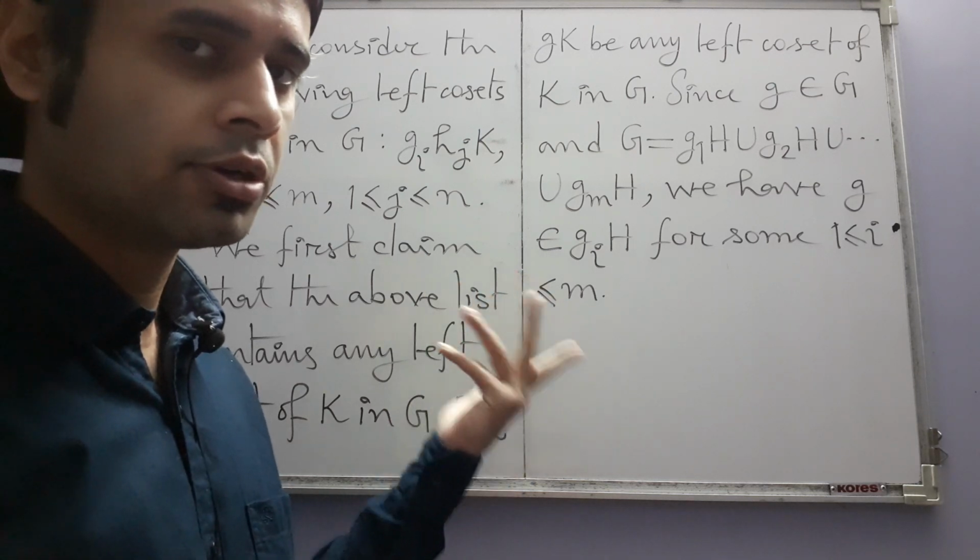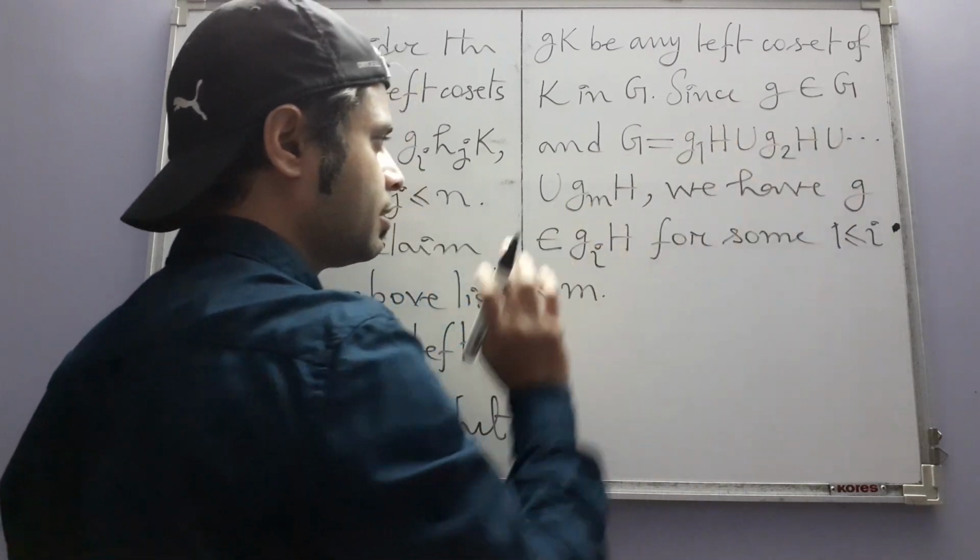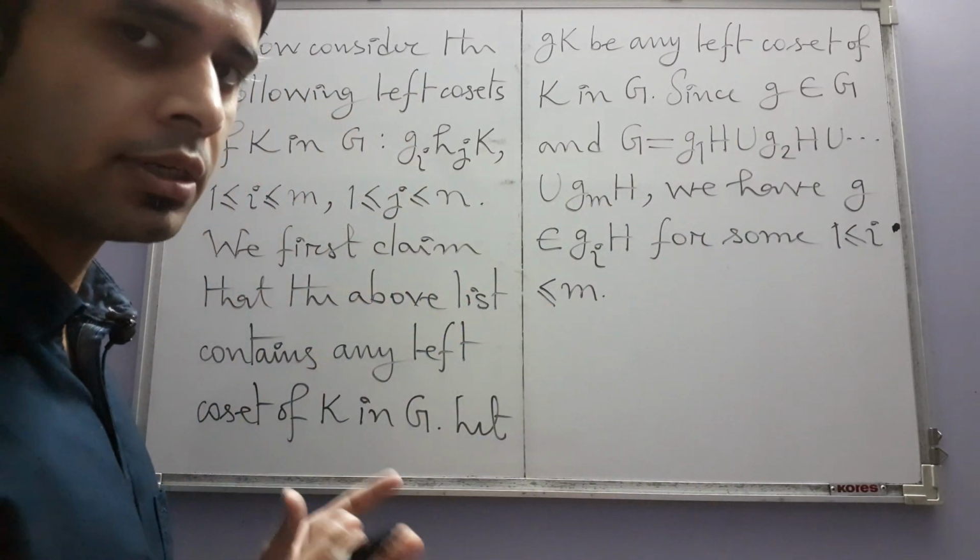So their union is going to be the whole group. So because g belongs to G, g must belong to at least one coset in this union.